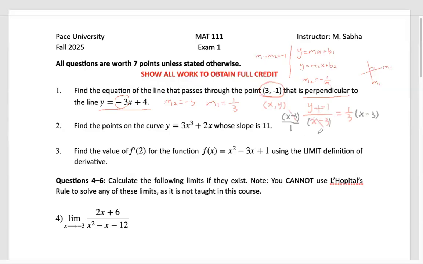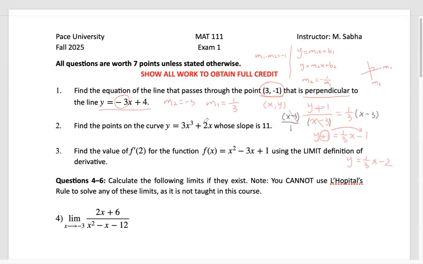We're left with y plus 1 equals 1/3 times x, 1/3x, minus 1/3 times 3, just 1. Then we move this -1 to the other side, or subtract 1 on both sides. So in the end, we have y equals 1/3x minus 2.